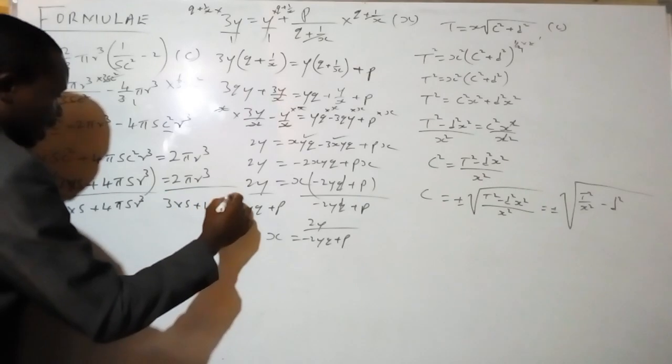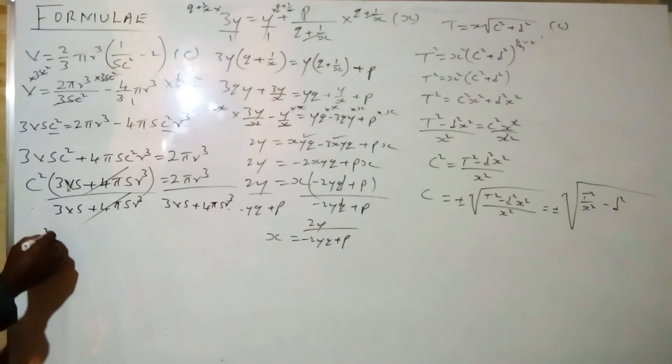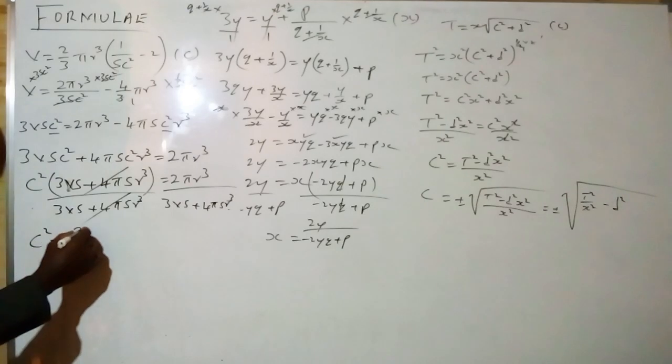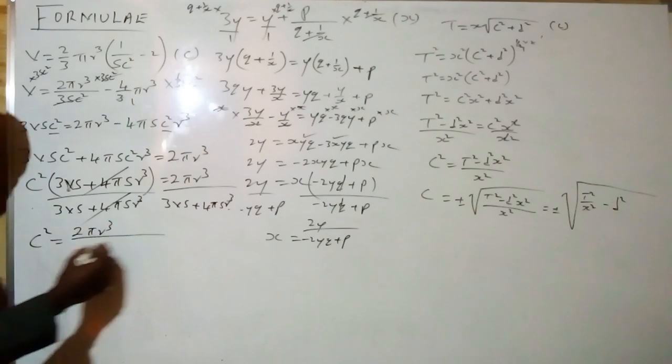The whole of this and this will cancel, to be left with c squared equals 2 pi r cubed all over 3vs plus 4 pi s r cubed.